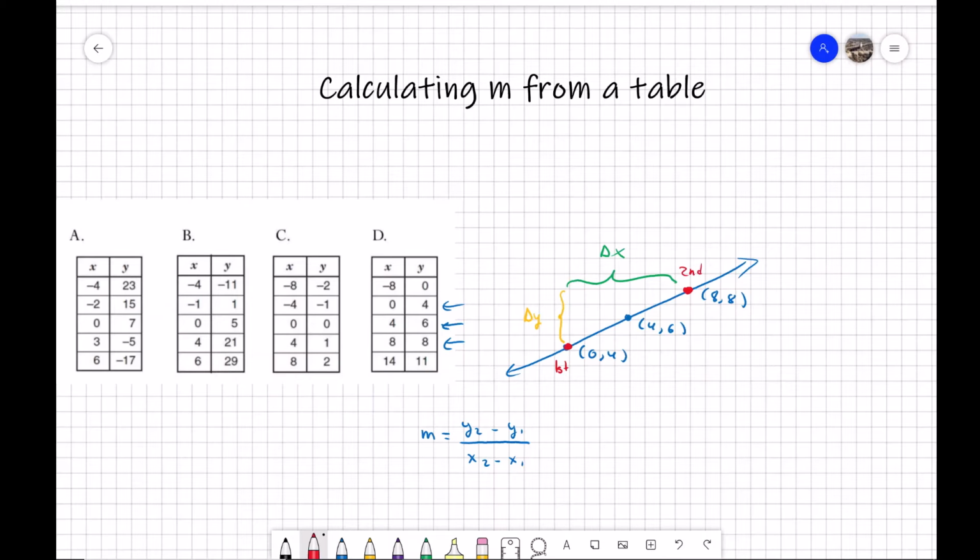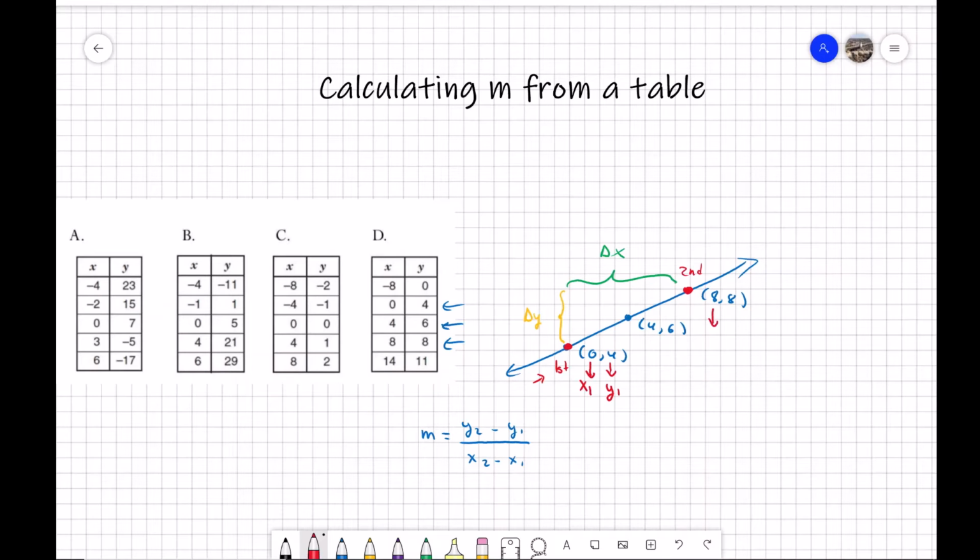Since we chose this point to be our first point, here we're going to have x1, and we know that this 4 is y, and since we're dealing with our first point, this is going to be our y1.